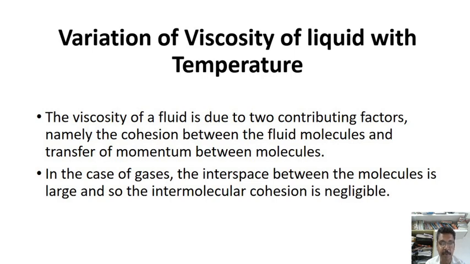The formula is given by eta = A/(A + Bt)^n, where eta is the coefficient of viscosity of a liquid at temperature t. The two constants A and B depend upon the nature of the liquid. If we know the coefficient of viscosity of a large number of liquids at different temperatures, we can calculate it.